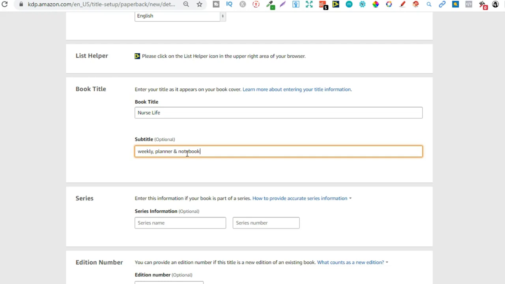See, the whole point of creating books is we don't do it for fun. We solve people's problems. We find niches, search terms, keywords that people are searching for, create those books, and then we have a better chance of making sales.